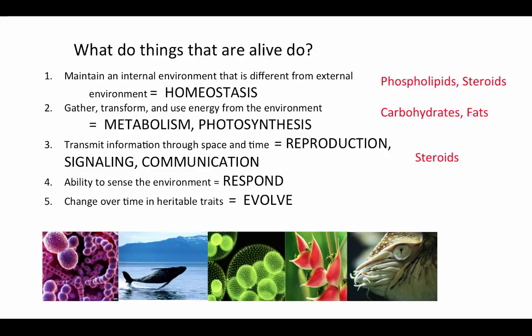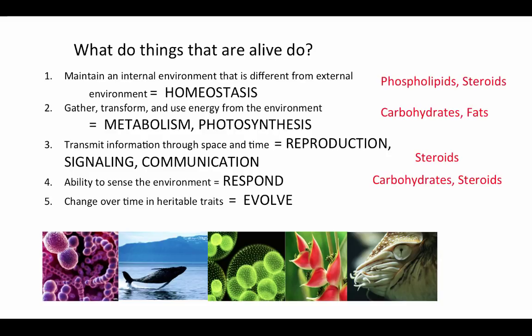Steroids, remember, were important as hormones in different organisms, and so communicating between different parts of a multicellular body and signaling between cells are both things that steroids can do. And also the ability to sense and respond to the environment. So we saw that carbohydrates have a role in cell identity, so being able to detect if something in its environment is another cell from the same organism, or if it's something it needs to worry about a little bit.